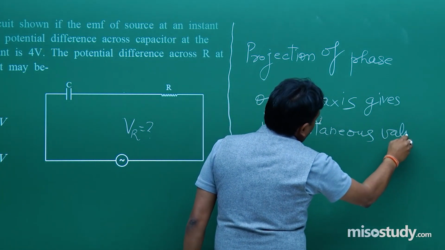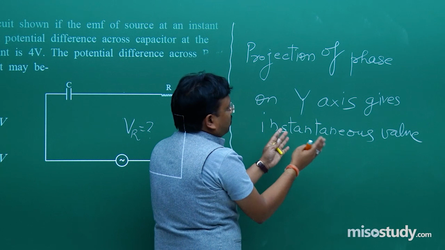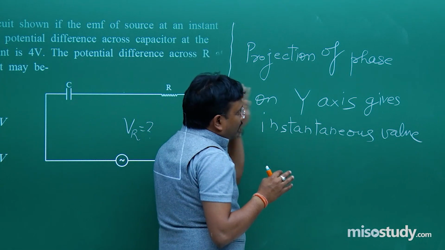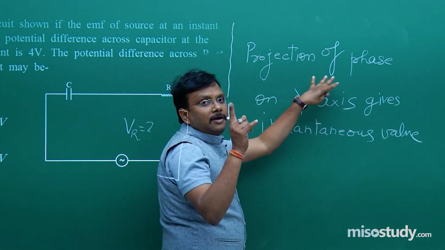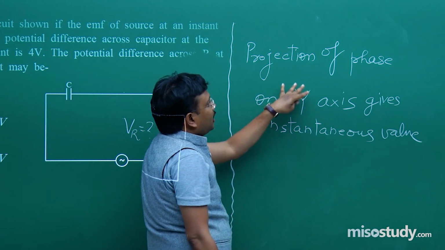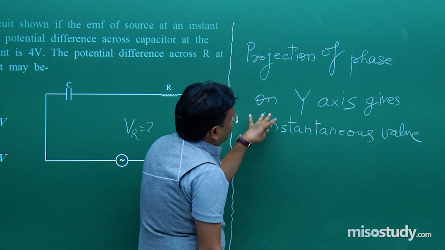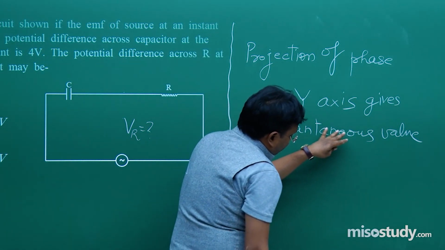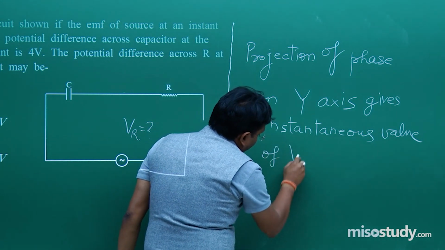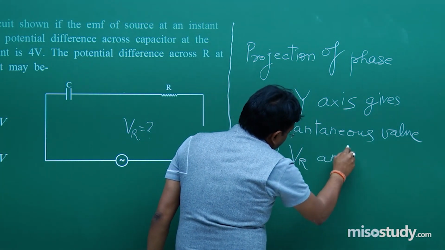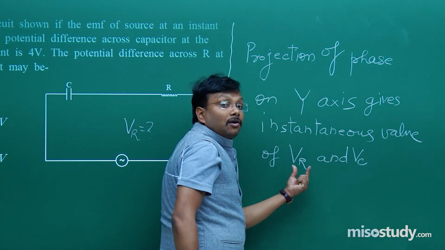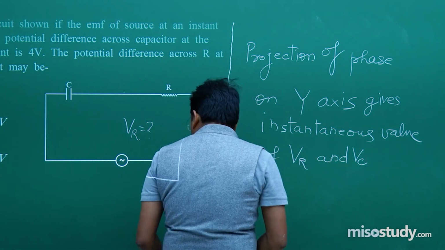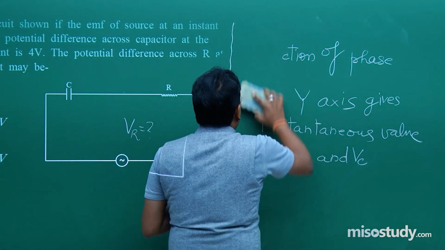I am writing this much so that you can find yourself in a comfortable position. Only thing that I can do is simply mention a one line formula, or I can solve it, but I thought it's better to mention the cause also. So projection of phasor diagram, projection of phase on y axis gives instantaneous value of VR and VC. VR means voltage across resistor, VC means voltage across capacitor. Fine.